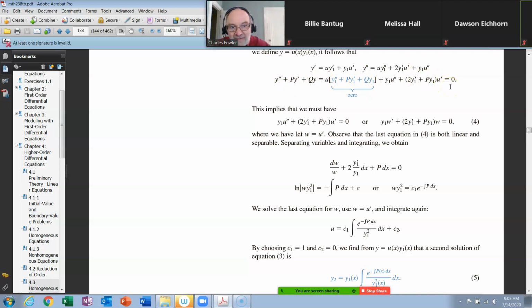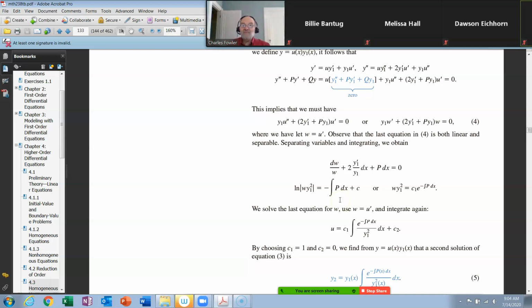Okay? Now, what they said to do, if you knew one solution, and that's what this was, Y1, here's what we came up with. The second solution, your Y2, would be the Y1 times the integral of e to the minus integral of p of x dx. Now this was if this was a function of x.